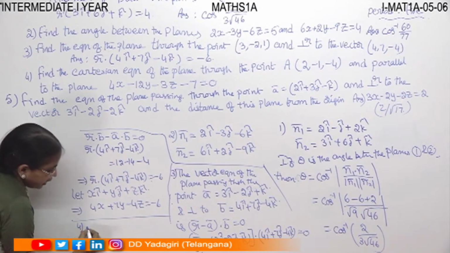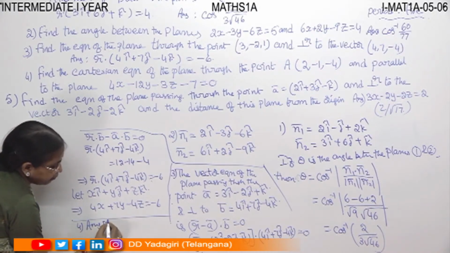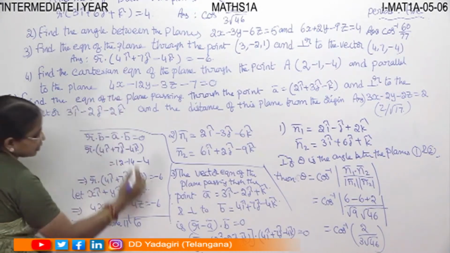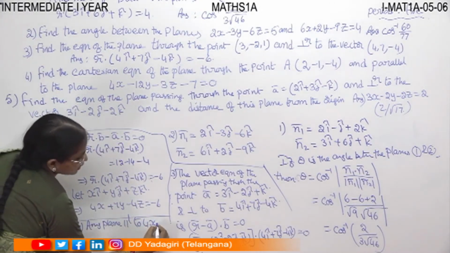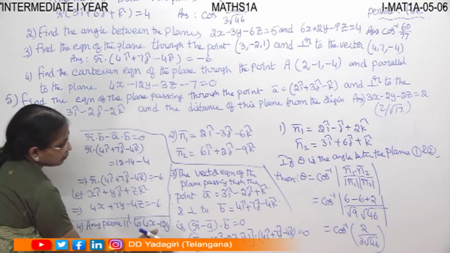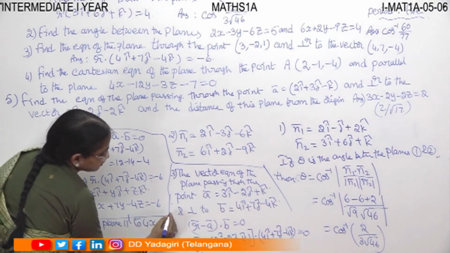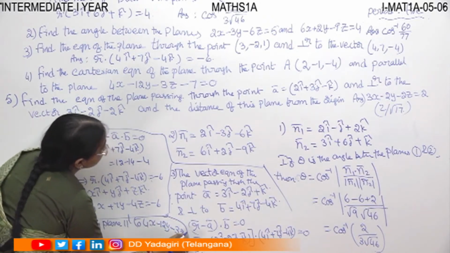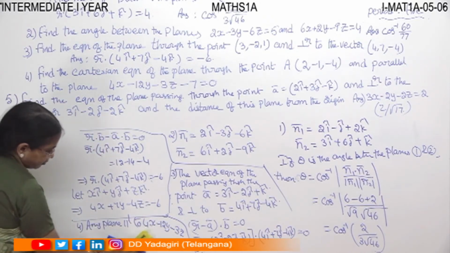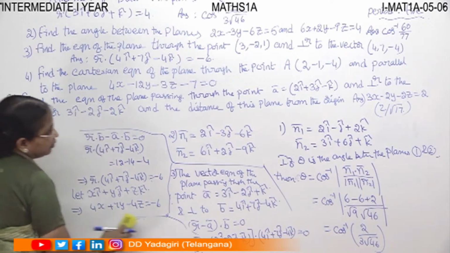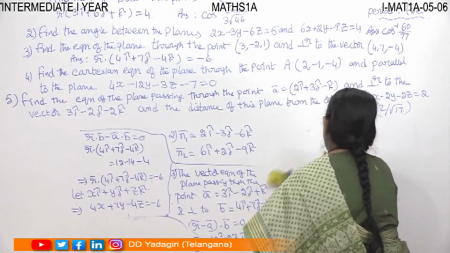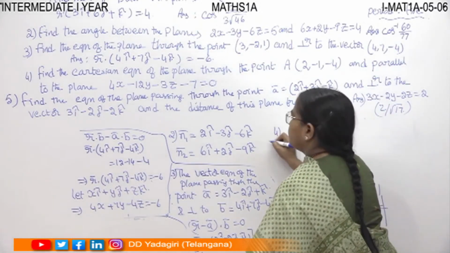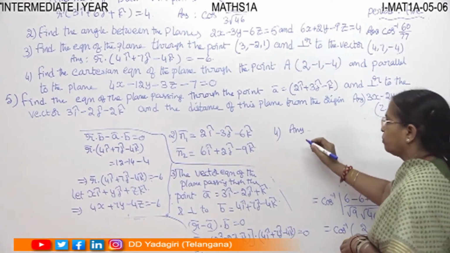So what you do is, any plane parallel to 4x minus 12y minus 3z minus 7 is equal to 0. Okay, I'll do it here. The fifth one you can take as homework; it is a direct problem.